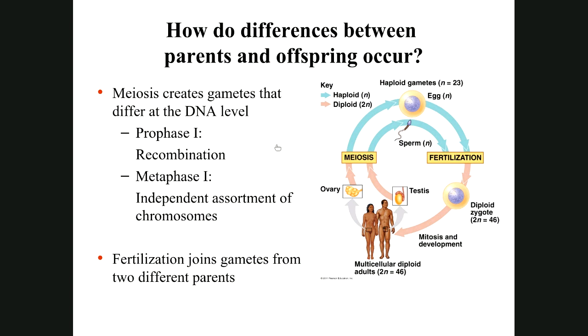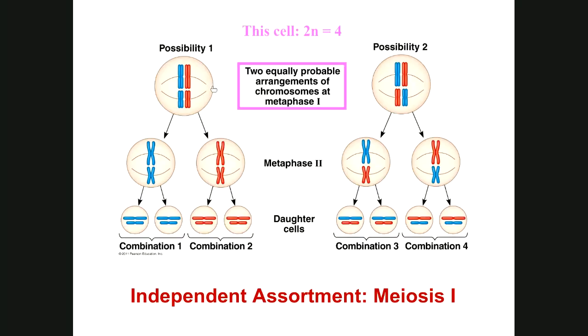But then we talked about metaphase 1 of meiosis 1. And this had to do with independent assortment. During metaphase 1 of meiosis 1, the homologous pairs of sister chromatids pair together forming tetrads, and they will either align to where just by chance all the paternal DNA is attached to the spindle on one side and all the maternal DNA is attached to the spindle on the other side.